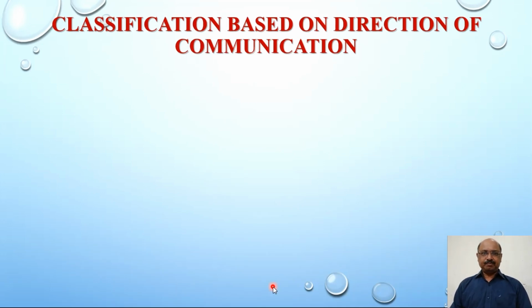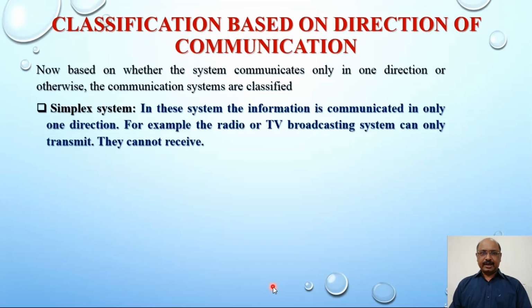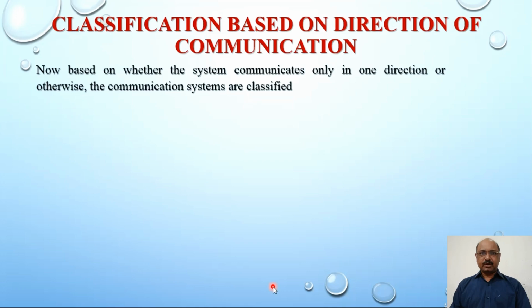First of all, we discuss the first group, that is classification based on direction of communication. Based on whether the system communicates only in one direction or otherwise, the communication systems are classified as simplex system, half duplex system, and full duplex system.